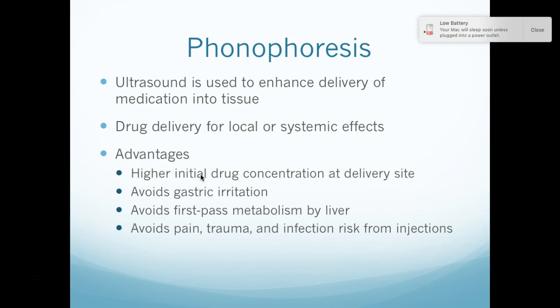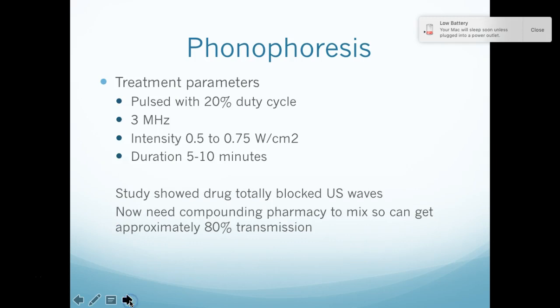Avoids the liver. You don't have to have any pain from injections, no infections from it as long as you clean the sound head. And now they found that if they take this to the pharmacies and they get the compound made very specifically, then it's much more effective. But you still have to get through that skin, so you want to make sure the tissue's clean and that you're using the right parameters to push that medicine in.